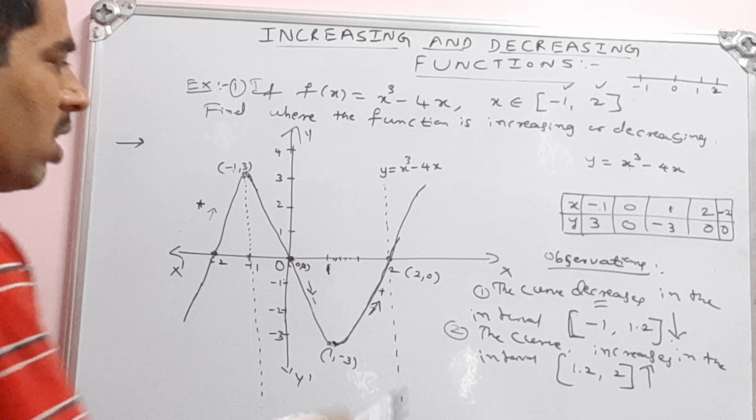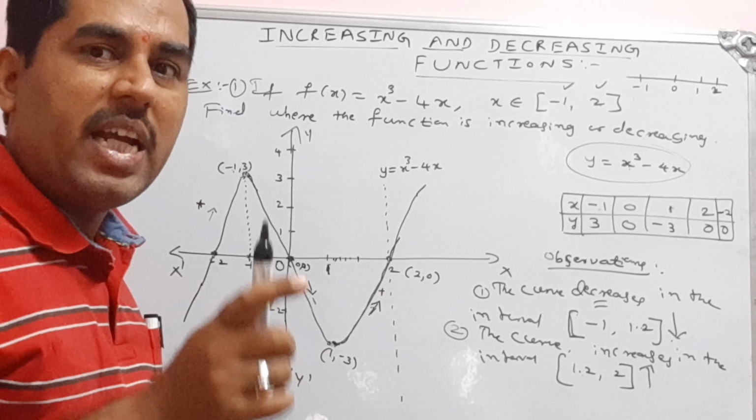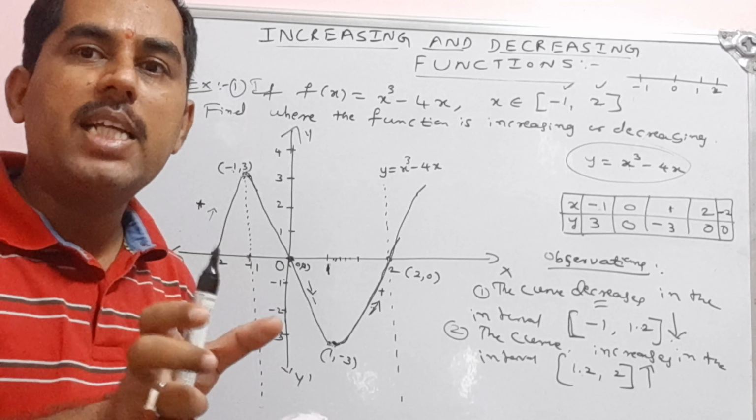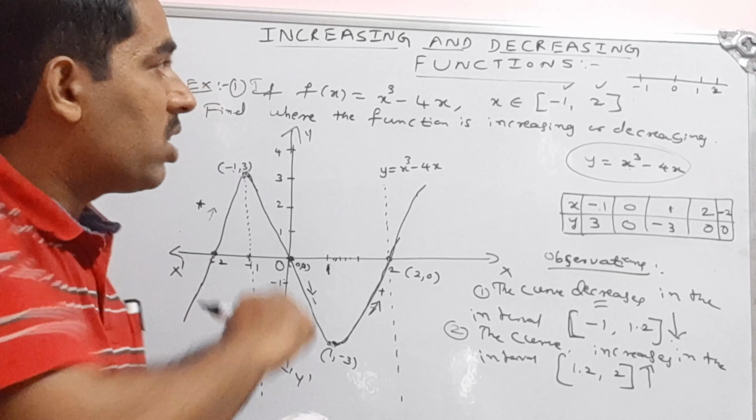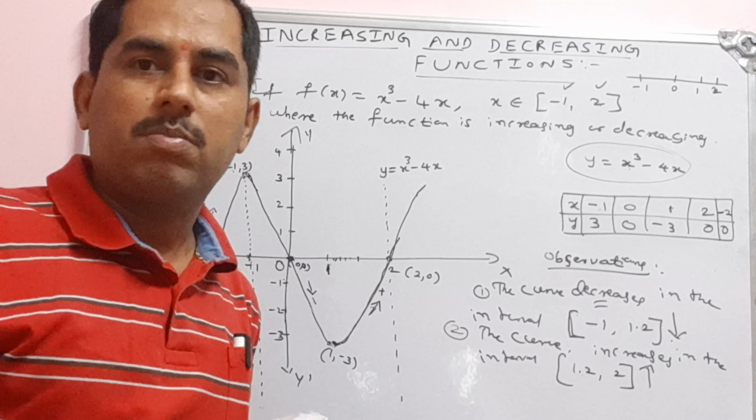I have taken this curve y is equal to f of x, that is x cube minus 4x. We are observing that the curve decreases from -1 to 1.2 approximately, then suddenly it takes a rise from 1.2 to 2. So it will be increasing in some intervals, decreasing in some intervals. Such functions we call increasing and decreasing functions.